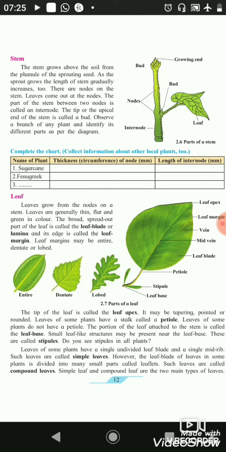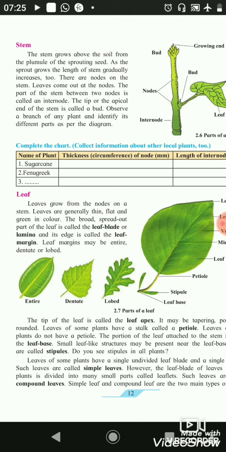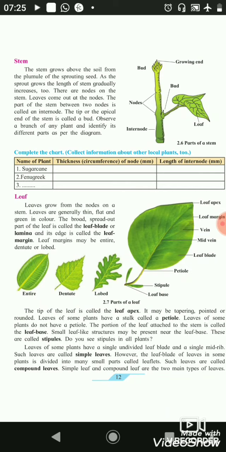Now let's learn the two different types of leaves. Leaves of some plants have a single undivided leaf blade, and some plants have a leaf blade divided into many small parts, called leaflets. The plants which have a single undivided leaf blade have simple leaves.